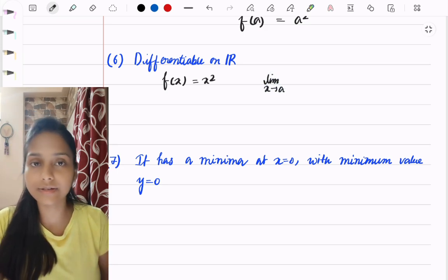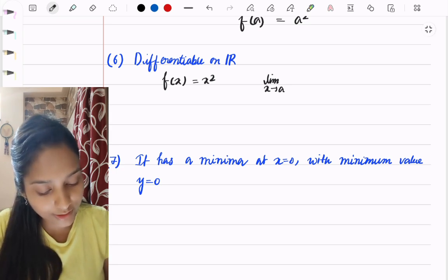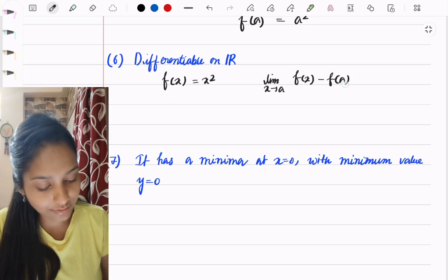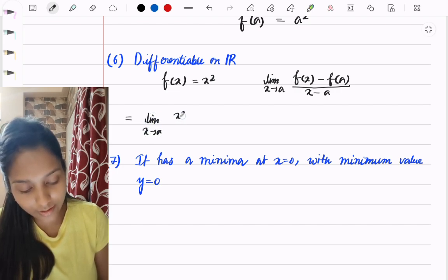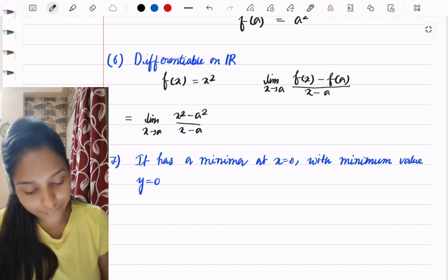Again, a is an arbitrary real number. So we have (f(x) minus f(a)) divided by (x minus a). So from here we can see that limit x tends to a, (x square minus a square) divided by (x minus a).